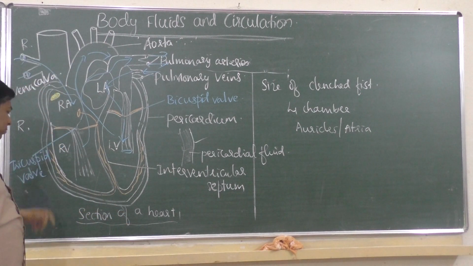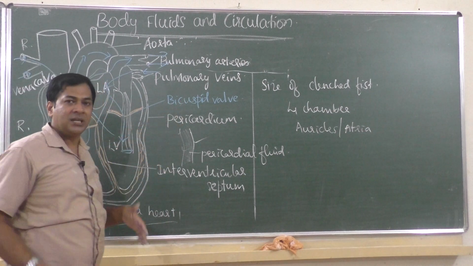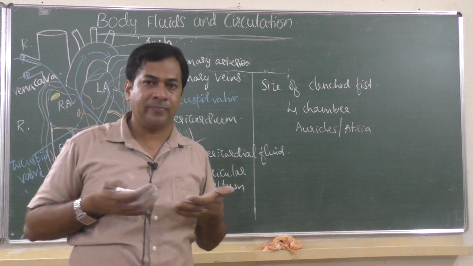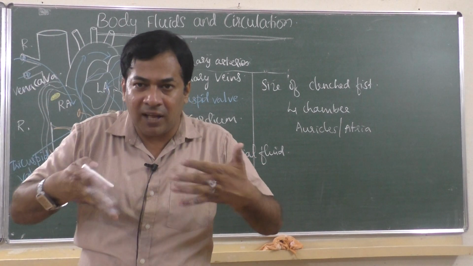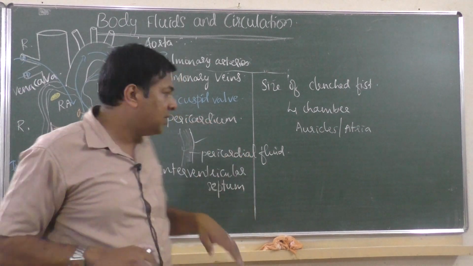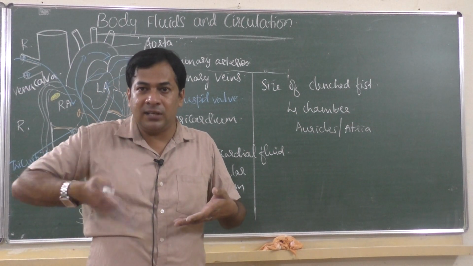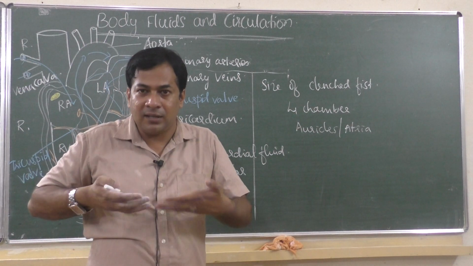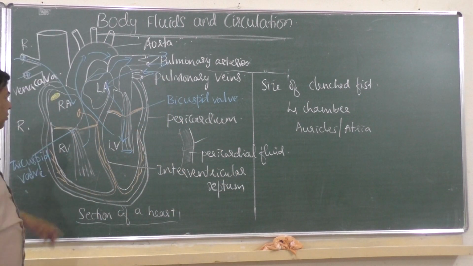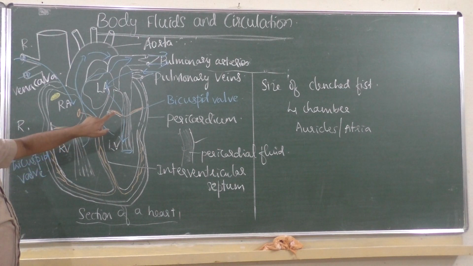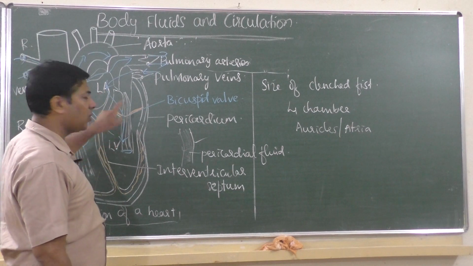So tricuspid valve. The reason is, cusp, C-U-S-P, means a thin membrane like structure. Here on this side it is called bicuspid. Bi means two thin muscular flaps. See, I am showing, the muscular flap is joined here, but on this side there are three muscular flaps, one on this side, one more here, then one here. So totally three. Tri means three, but a common word is used for both. As this valve is present between auricle and ventricle, it is called auriculoventricular valve.